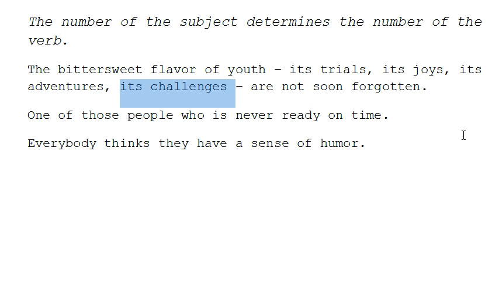This might lead us to believe that the number of the subject is plural, but in fact, the number of the subject always was singular, flavor of youth, so therefore the number of the verb should also be singular.